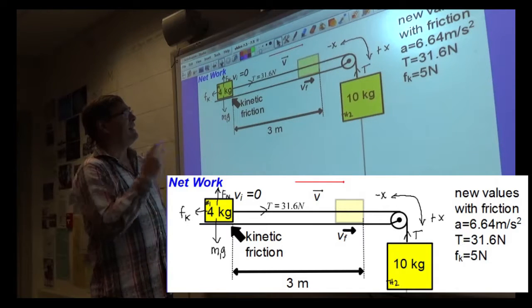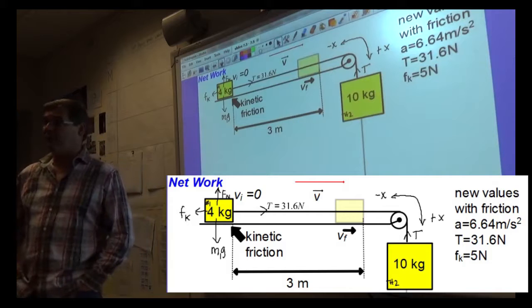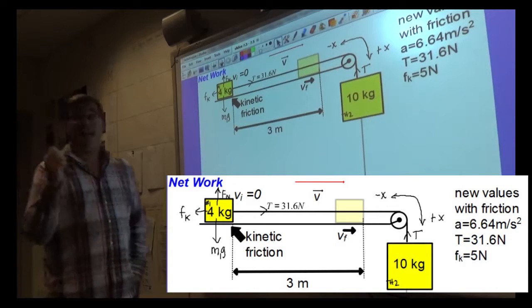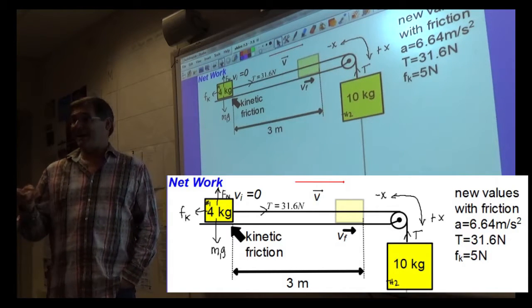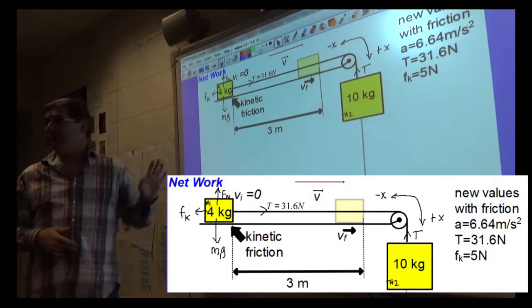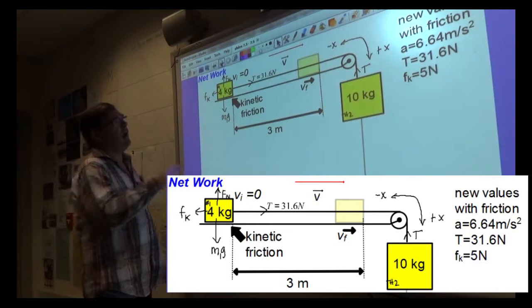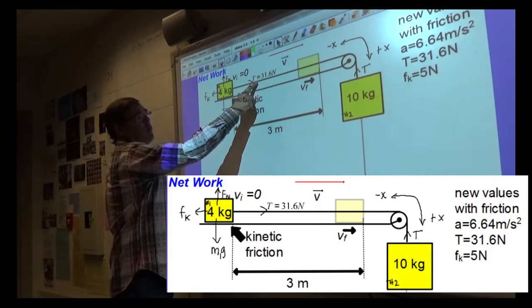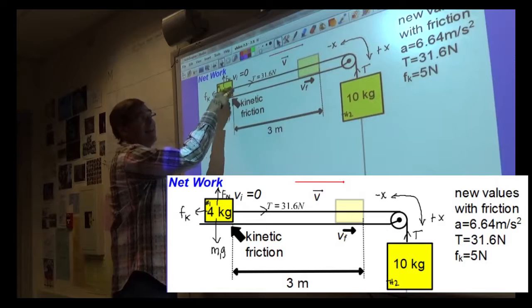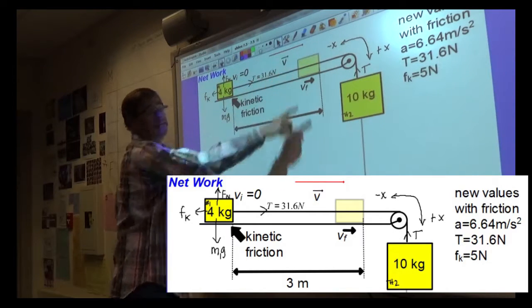Now, if I ask the question, how much work is done on that 4 kilogram block, now I've got 2 forces acting in the x direction. Remember, the weight and the normal force, they're perpendicular to the direction of motion. They do no work. So I've got work done by the tension force. That's going to be positive work because the force and the velocity are in the same direction.